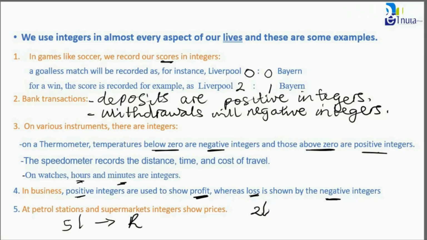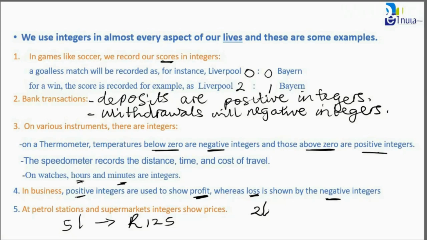How much money is for 5 liters? Roughly 25 by 5, which will be 125 rand. So you look at the screen and you find out that you have bought 5 liters and you have to pump out 125. So 125 must be positive because you are going to pay 125.